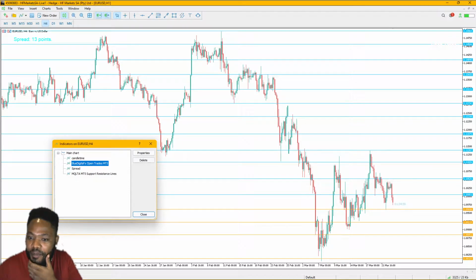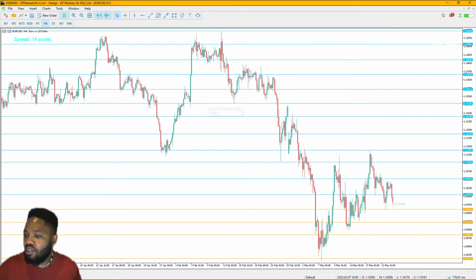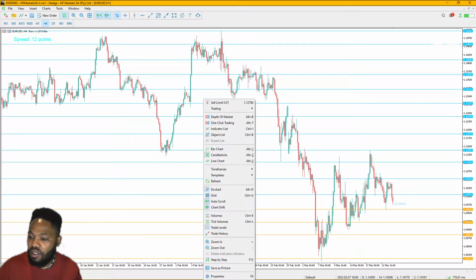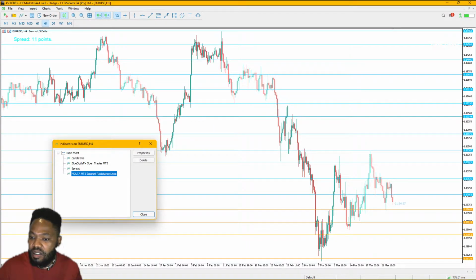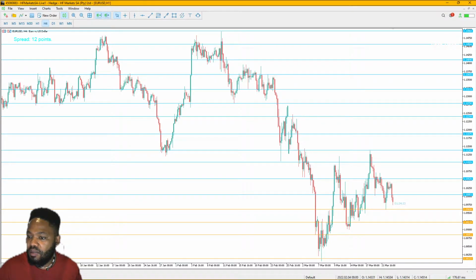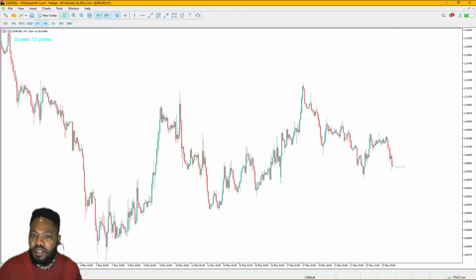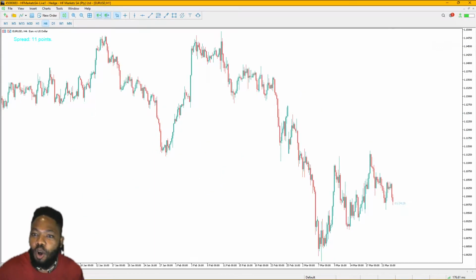I have the MetaTrader digits, the one that shows you the pips, normally at the top, the spread calculator, and the support and resistance lines. Because we're going to be doing a live analysis, let me just remove the indicators and support and resistance lines. Okay, so now the chart is all clean.